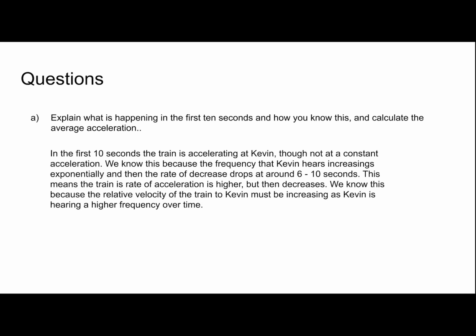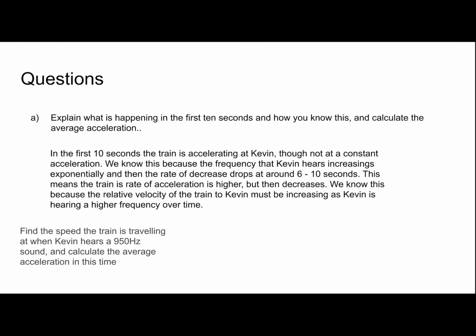So the speed of the train must be increasing, and hence it must be accelerating, because acceleration is the rate of change of velocity of the train. And so the relative velocity of the train to Kevin must be increasing, as Kevin is hearing a higher frequency over time.